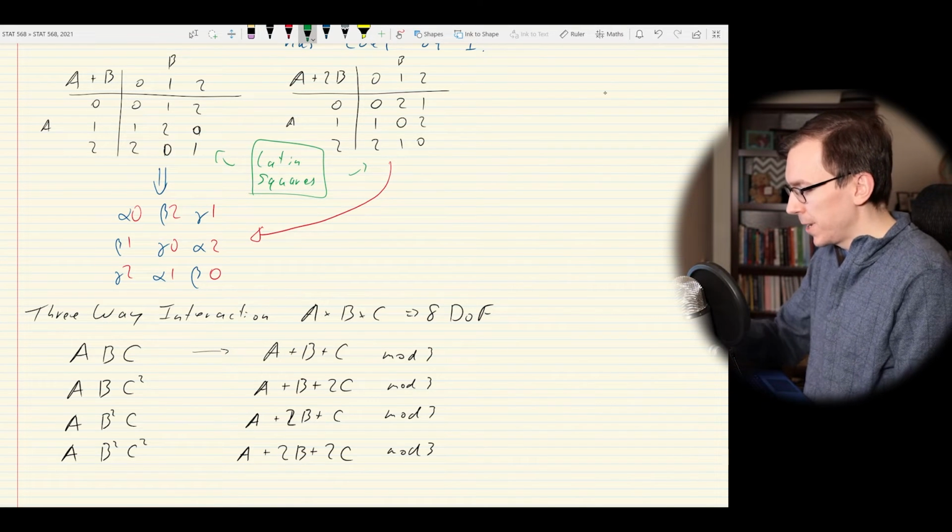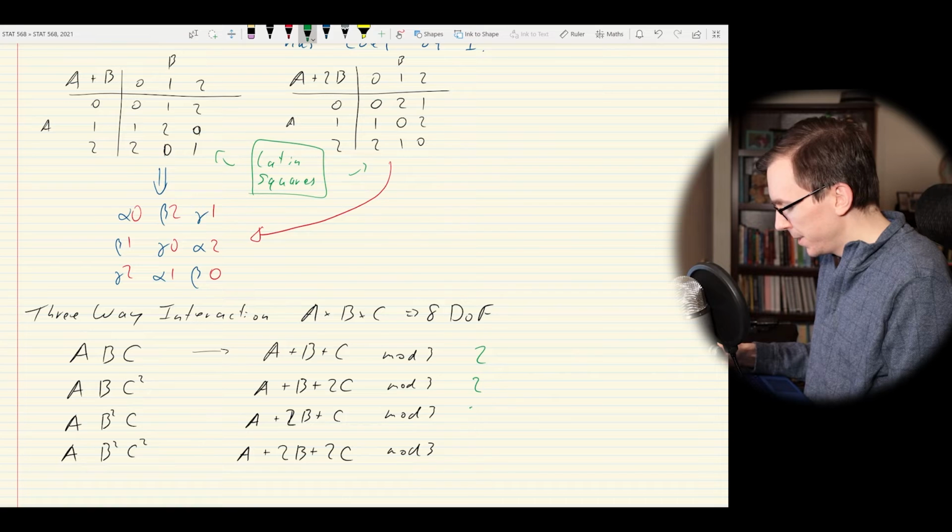And each of these is going to have 2 degrees of freedom.